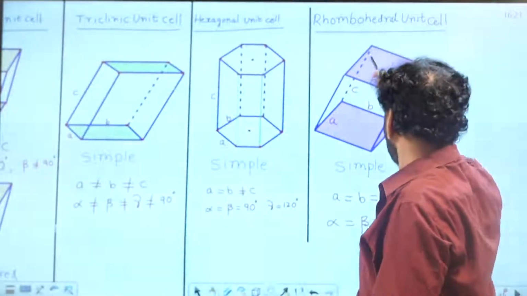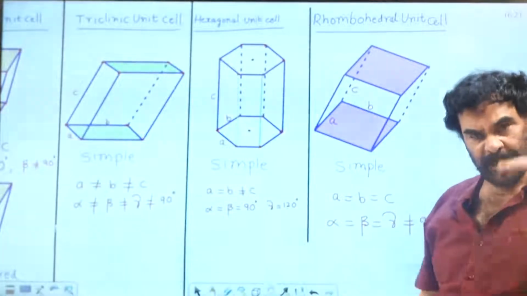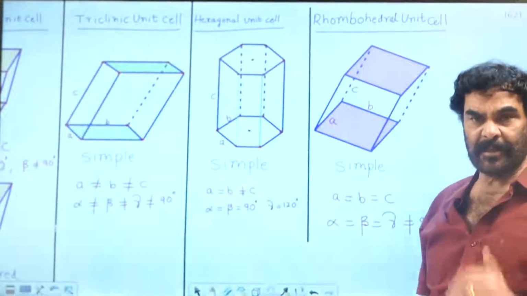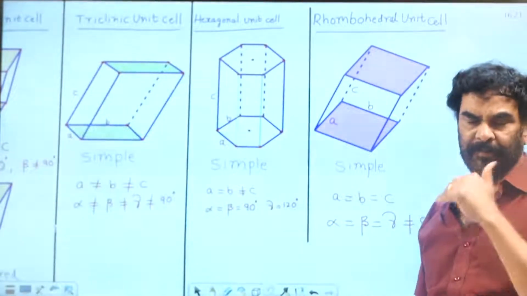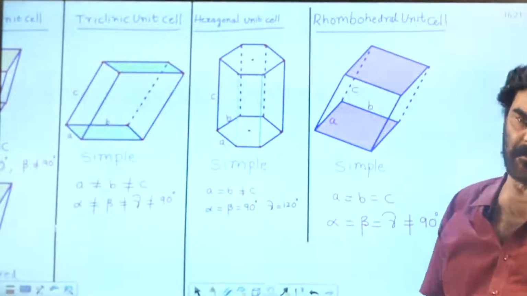For rhombohedral also 4 should be possible: simple rhombohedral, face centered rhombohedral, body centered rhombohedral, and edge centered rhombohedral.